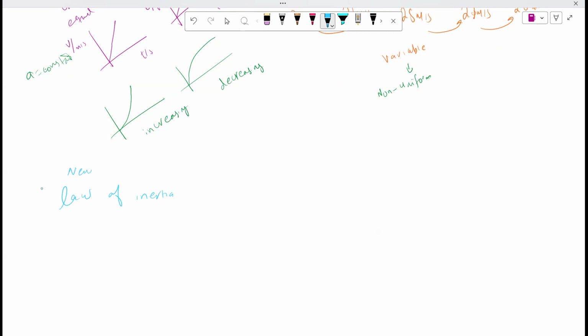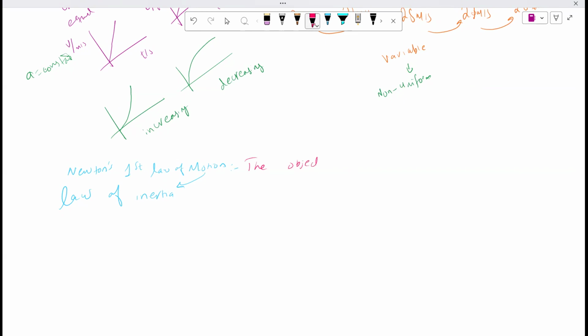So Newton's first law of motion is also called the law of inertia. What is Newton's first law of motion?